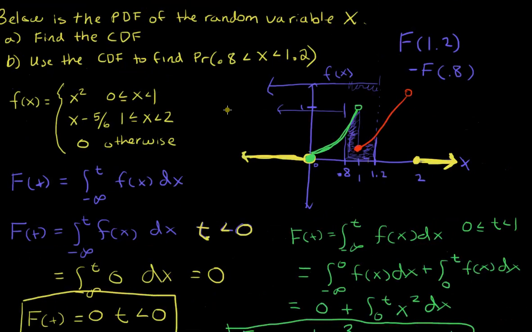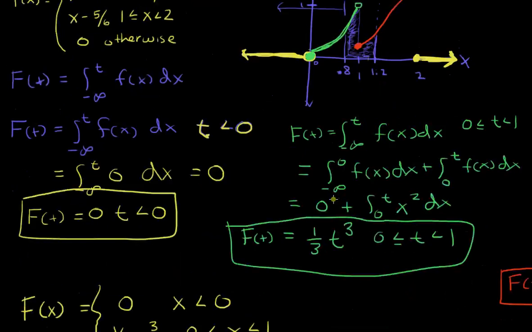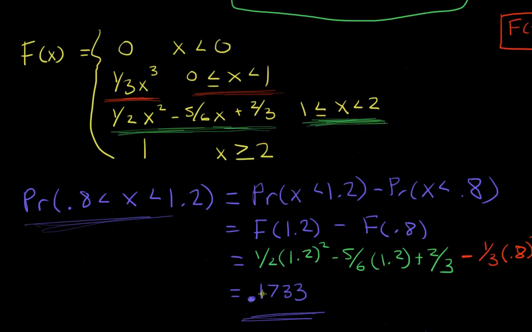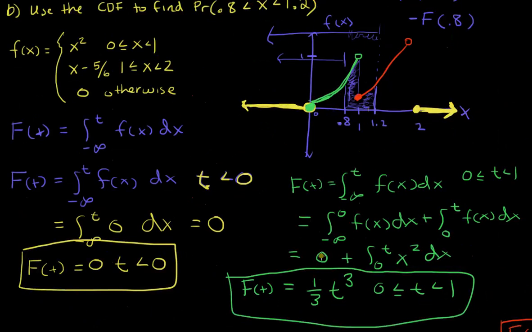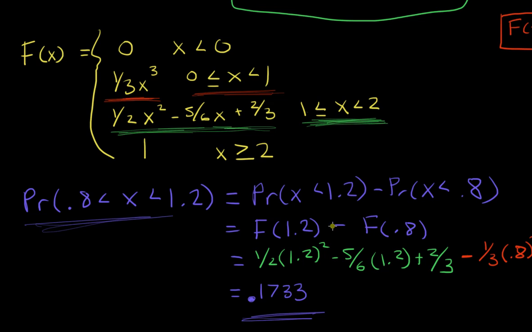And if we go up here, you see this purple area I drew in is relatively small compared to the total area underneath this function. So it makes sense that my answer should be somewhere around 0.1733. If I'd gotten 0.9733, I would question that based off this drawing. So make sure that your answer makes sense. It's a good way to check that you're on the right track.